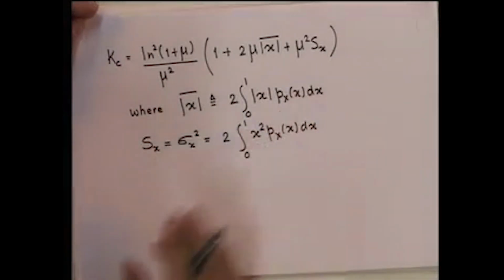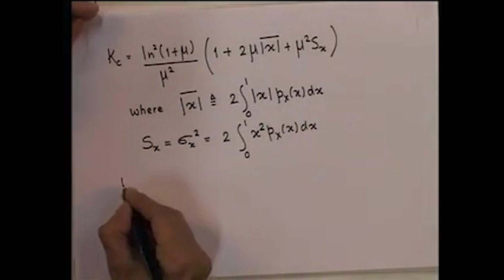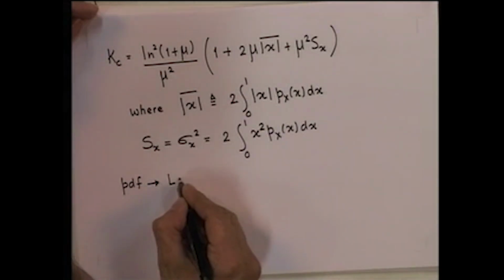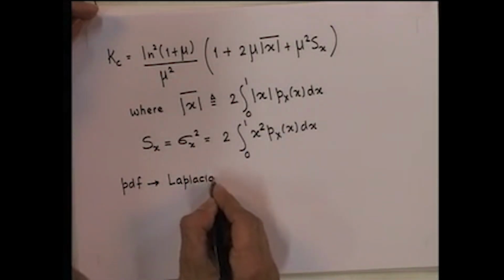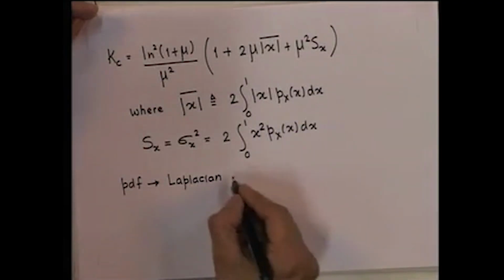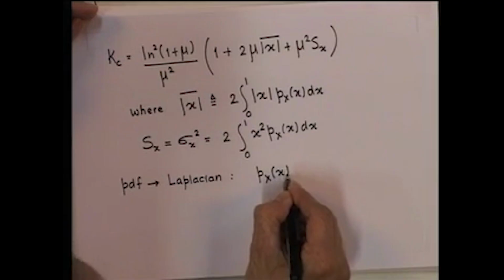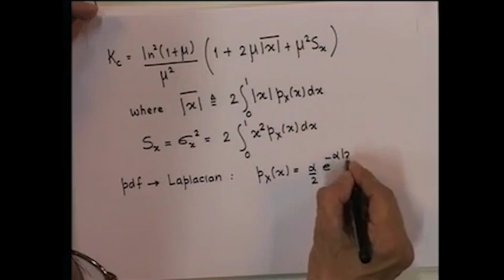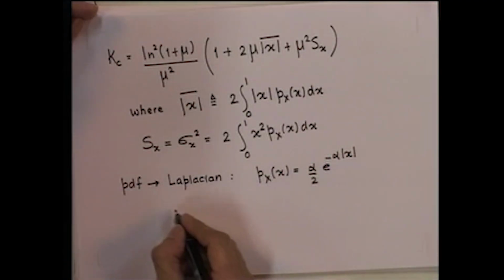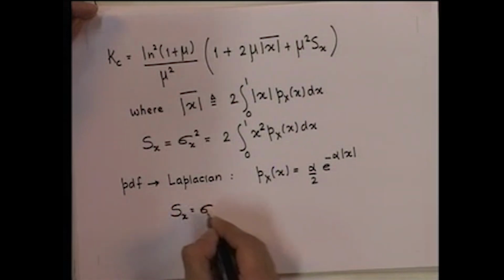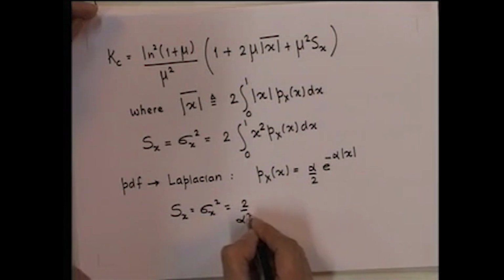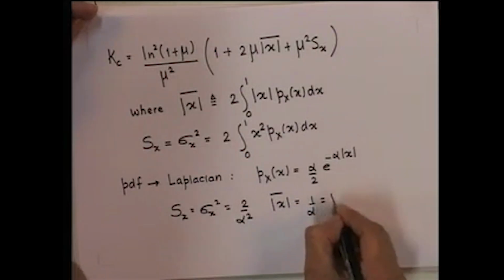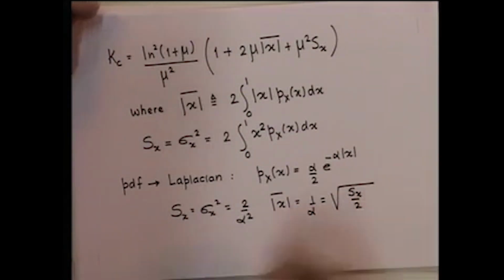Now, empirical results have shown that the PDF of a voice signal is reasonably modeled by a Laplacian PDF of the form p x equal to alpha by 2 e raised to minus alpha times mod x, where alpha is a constant, in which case S x is equal to 2 by alpha squared, and the average of mod x is equal to 1 by alpha, which is equal to the square root of S x by 2.